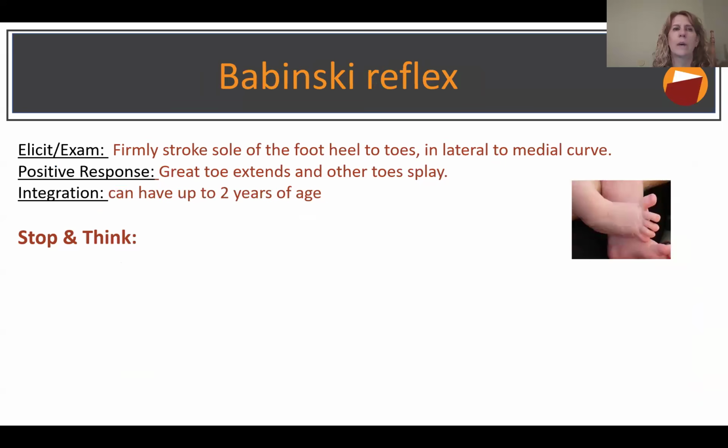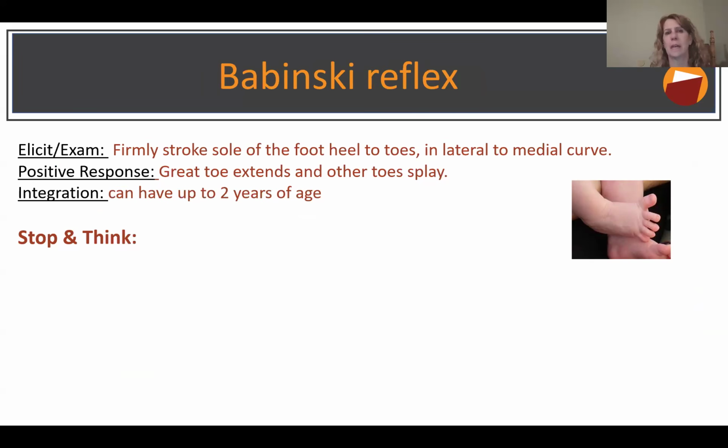Now, what you need to know is that this is normal in an infant. So we want to see it. It's normal. But by the time they're about 2, it should be going away. So you've probably learned it with adults, right? If we see it in an adult, that's a sign of an upper motor neuron lesion. But in babies, it's normal.